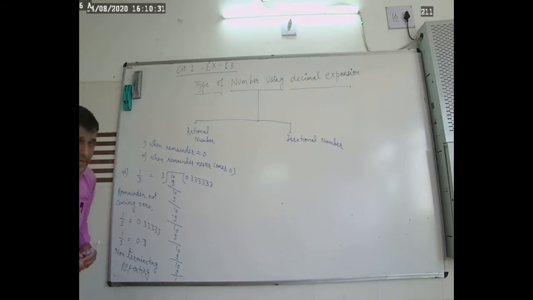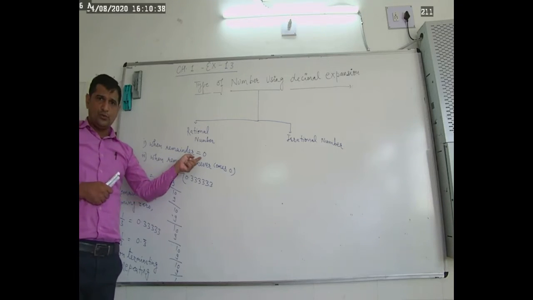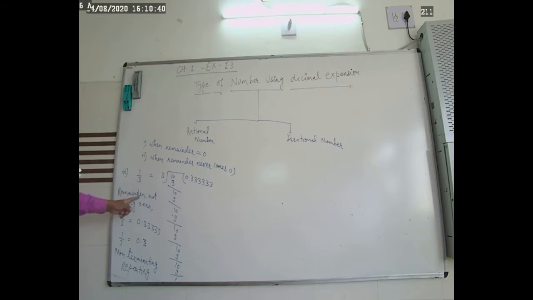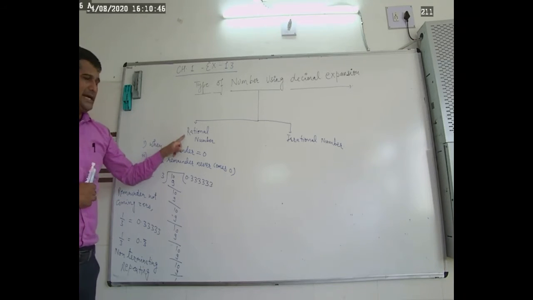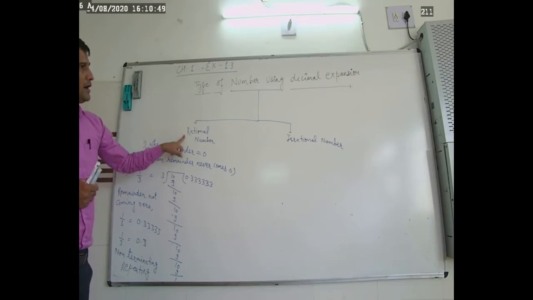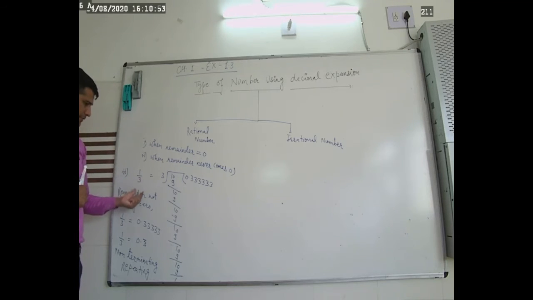So students, I had two special cases. Case number 1, when the remainder was coming 0: example 1 was 7/8. In that case the remainder was equal to 0, so I said that type of number will be a rational number. Second example, I took 1/3.